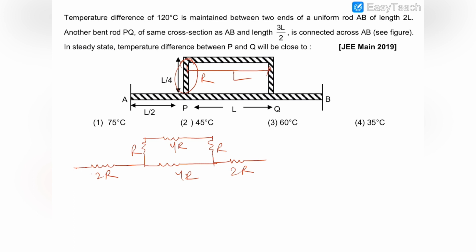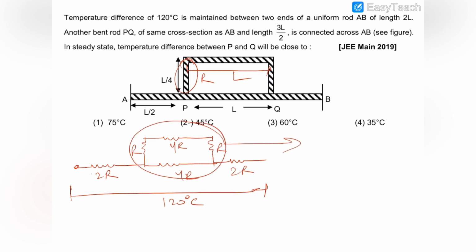So you can see the system, and the temperature difference is given as 100 degrees Celsius across the complete system. In fact, 120 degree Celsius. Now you can see that the equivalent resistance of this one will be 6R into 4R upon 6R plus 4R, which is 10R.